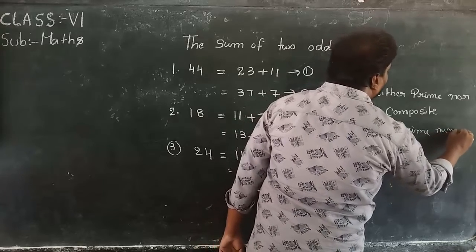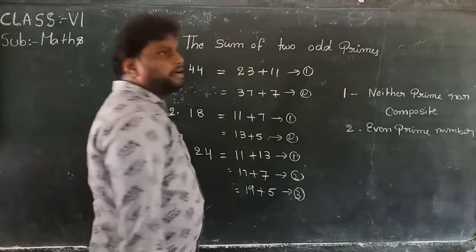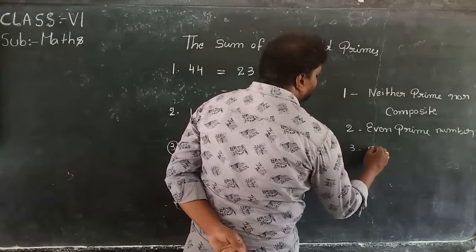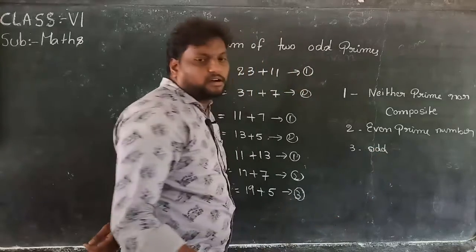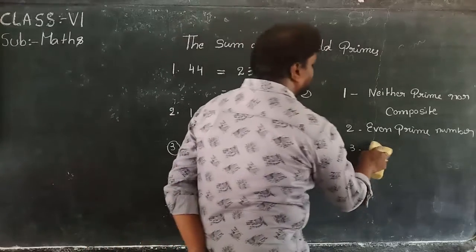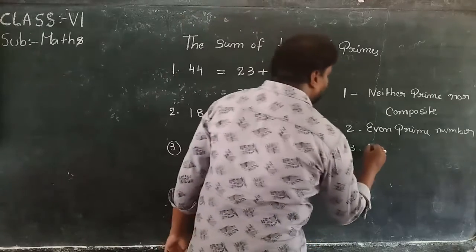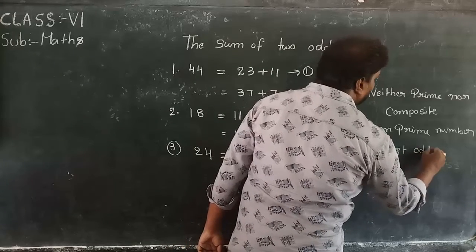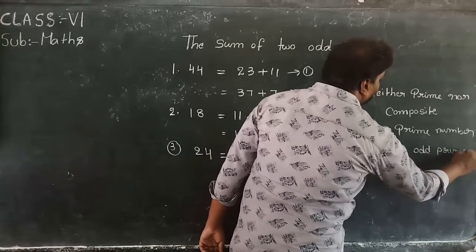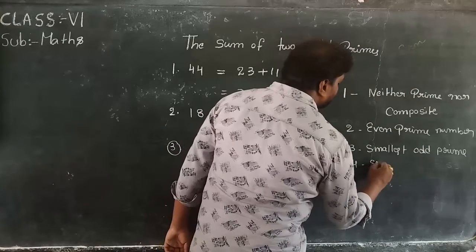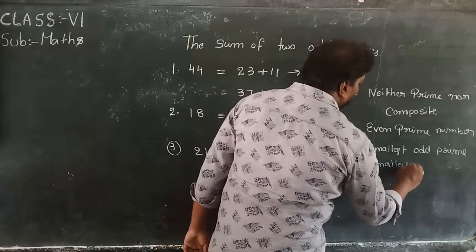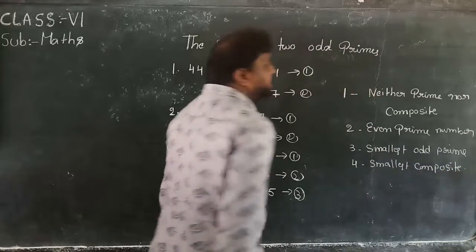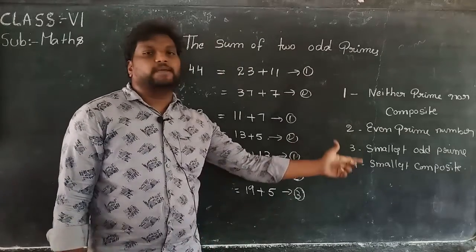Next, 3 is the smallest odd prime number. Next, 4 is the smallest composite number. Like this we have to write so many types of numbers.